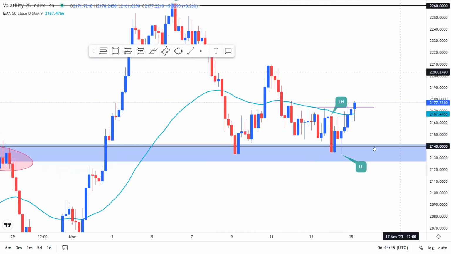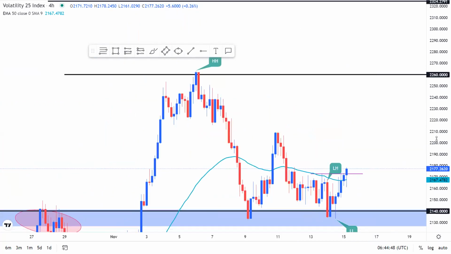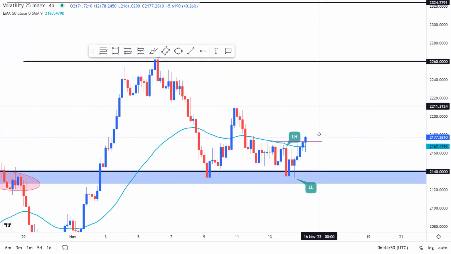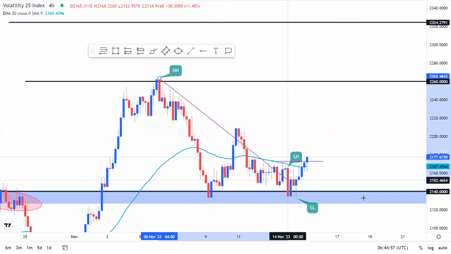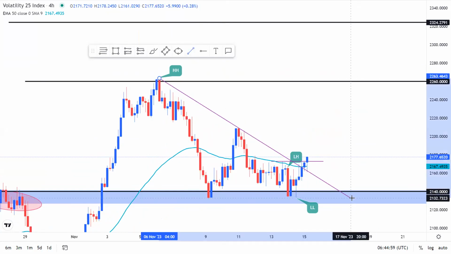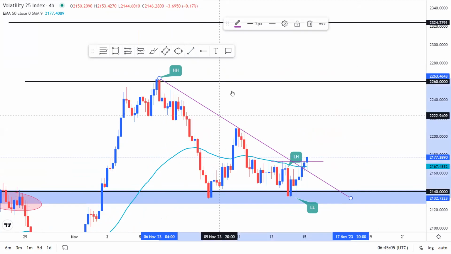As you can see, I don't use trend lines very often, but just for clarification, let's go a step further to introduce the trend line. You can see how perfectly well price has broken out of this trend line.